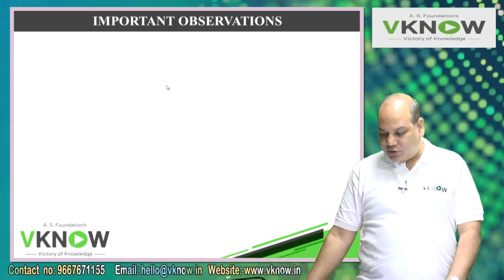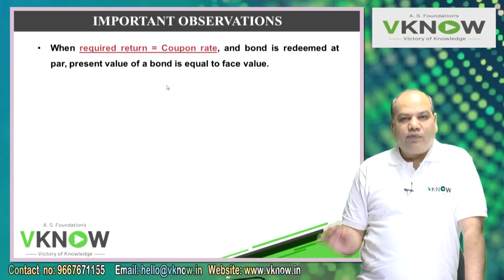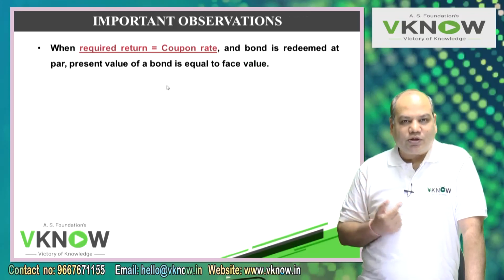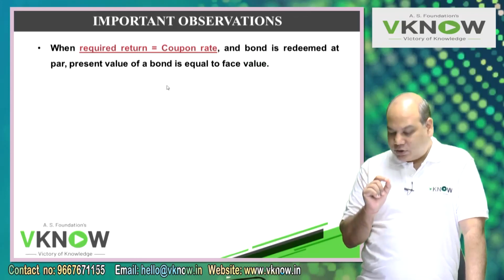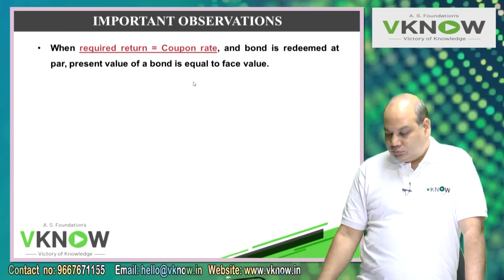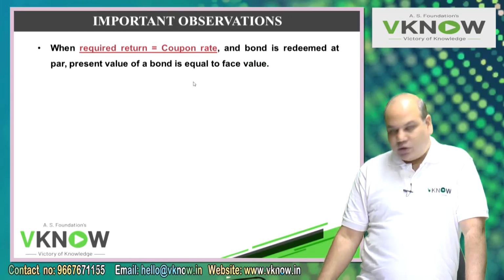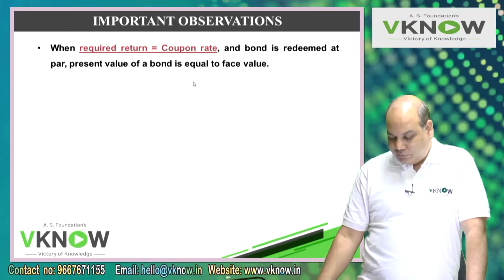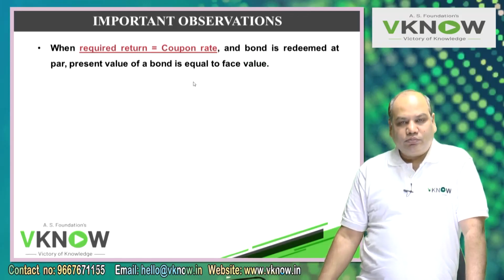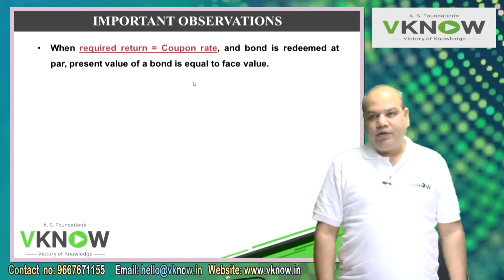There are 4 observations we can get from the above calculations, and these are very important for this chapter. I am going to refer to question number 1 in my future discussion again and again. So the first observation: when required return is equal to coupon rate and the bond is redeemed at par value, the present value of the bond is equal to face value.